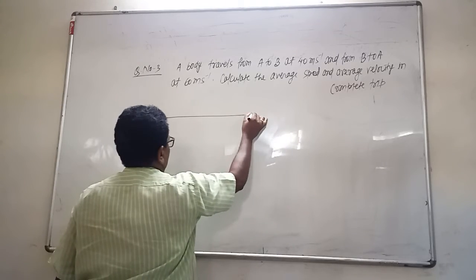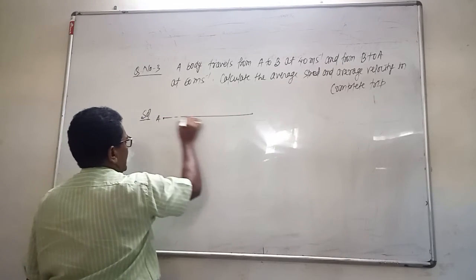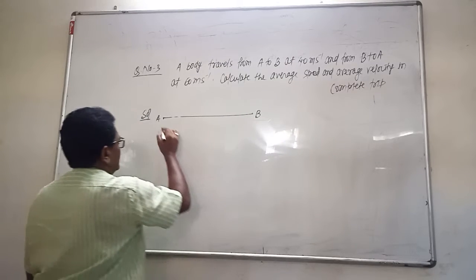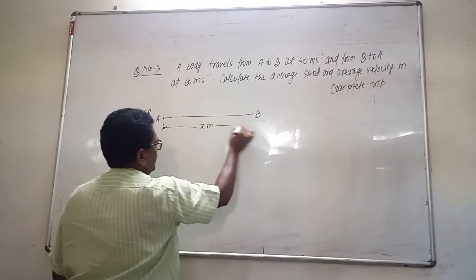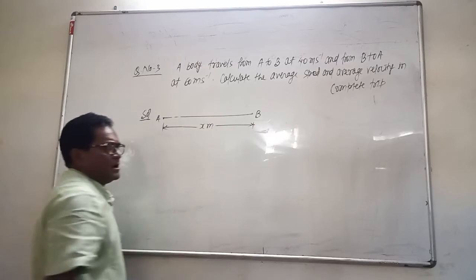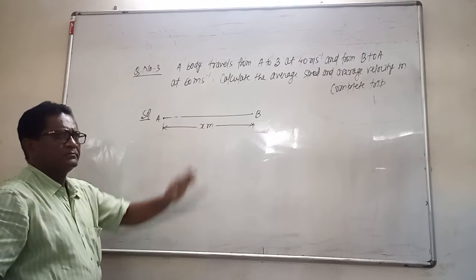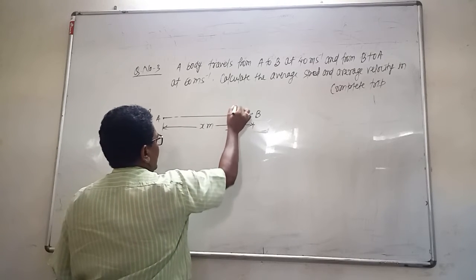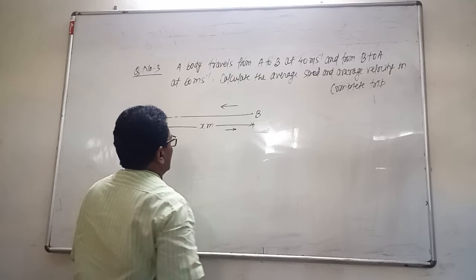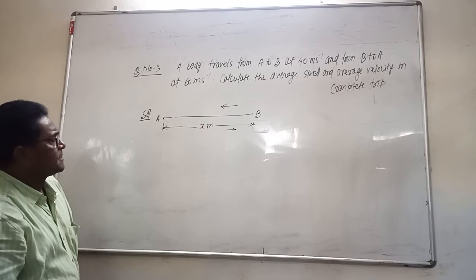So suppose there are 2 points A and B. The distance between A and B is x meter. A body goes from A to B, it covers x meter, and it returns back from B to A, again it covers x meter.